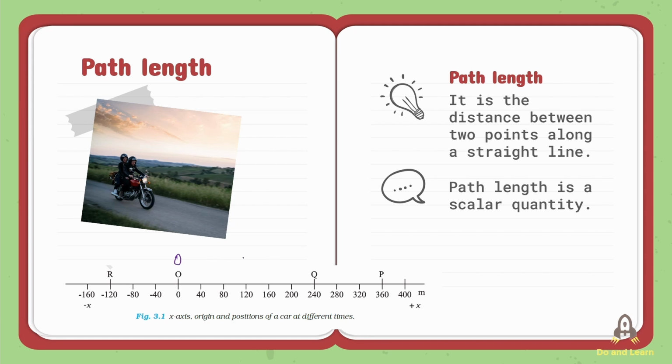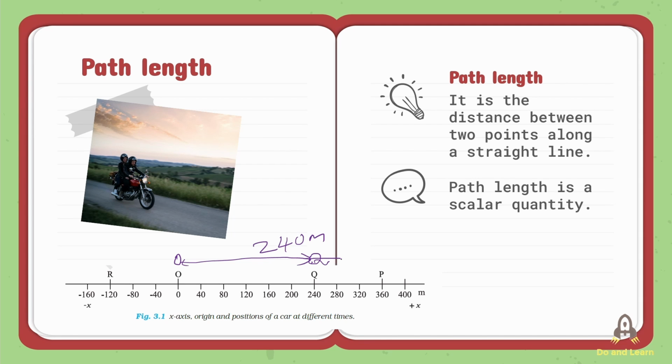He is moving to the point Q. We can say the path length is equal to the distance between the points O and Q, which is already written there: 240 meters. This is the distance or the path length.